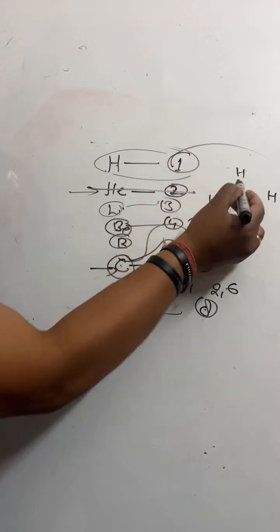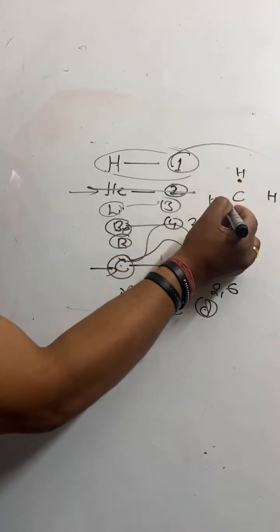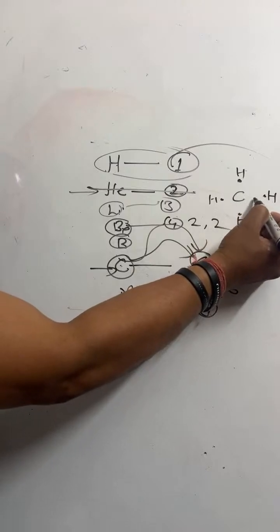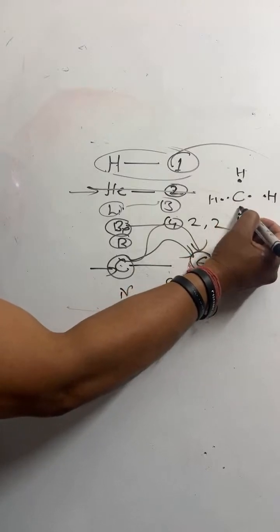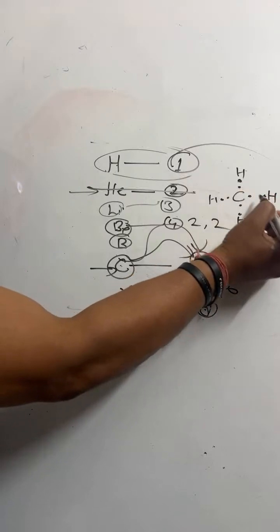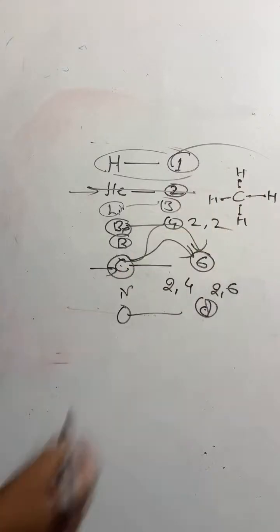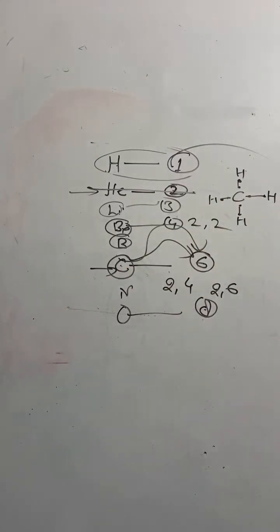So 4 hydrogen always come together and say to carbon, yes, you need 4 electrons, we are ready to give our electron, take. So this electron is given to the carbon. Given to the carbon means it is not completely given. It is shared.